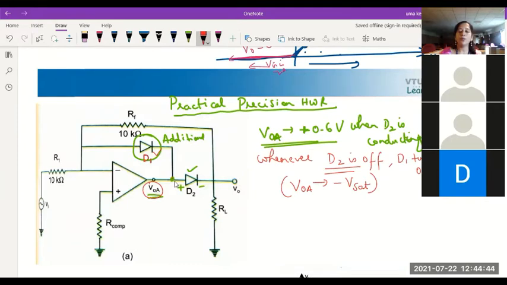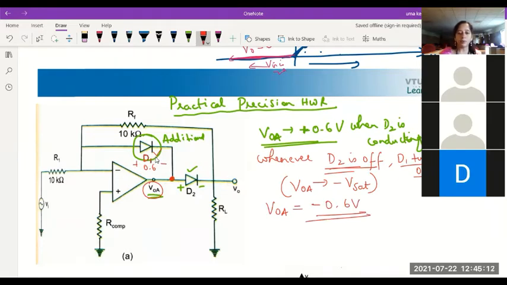Whenever the output is at minus VSAT, diode D2 is off and D1 is on. As soon as D1 turns on, the drop across this diode will be 0.6, and the output of the op-amp VOA is connected to the negative end of it. So VOA will be minus 0.6 volts.